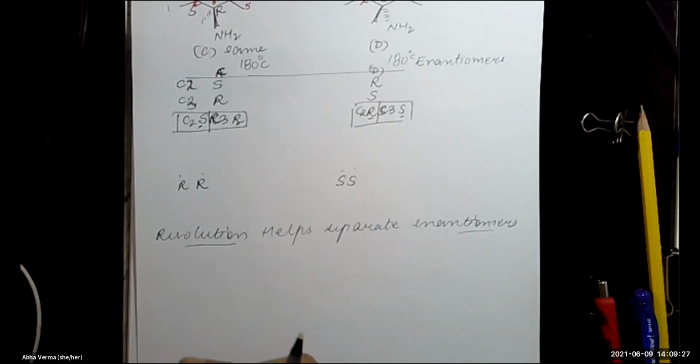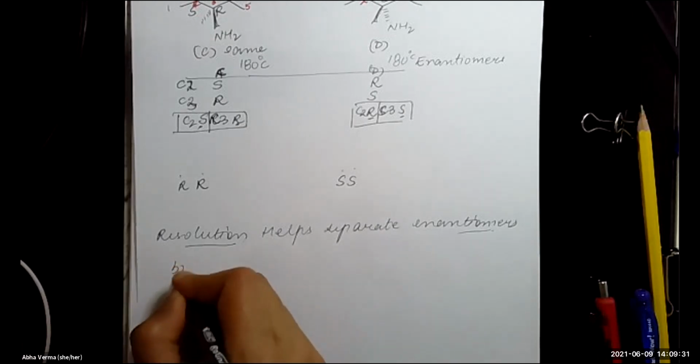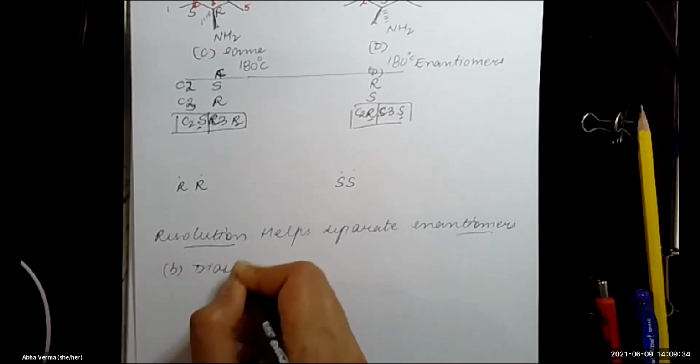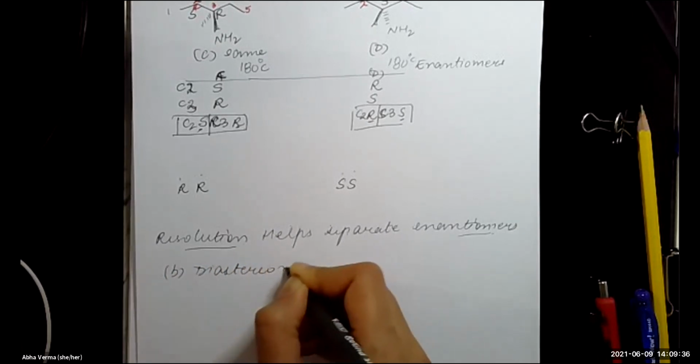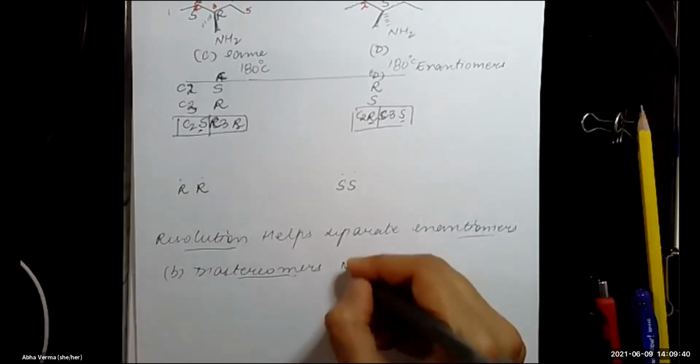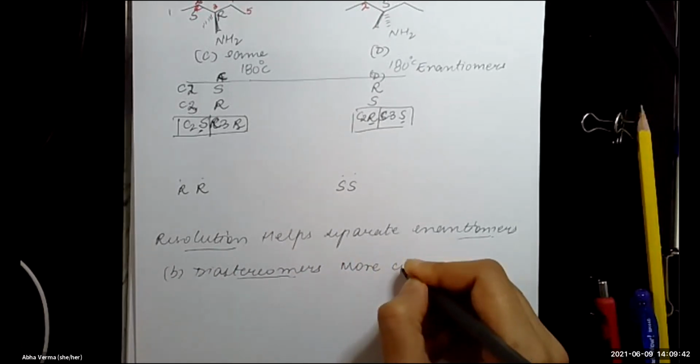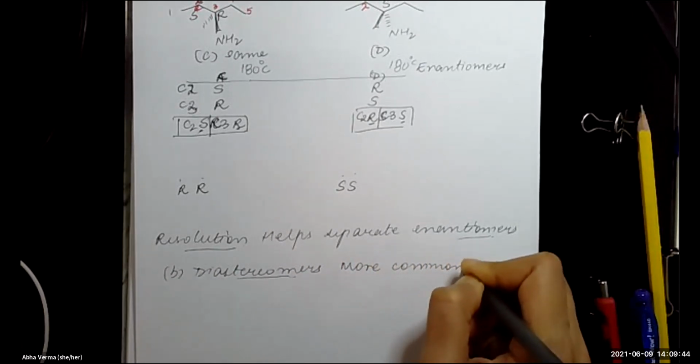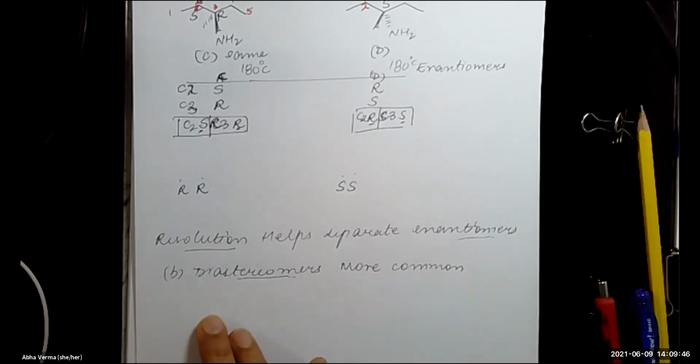let's look at our second relationship, which is diastereomer. Now, diastereomers are more common. There are more diastereomers for a structure than there are enantiomers for a structure.